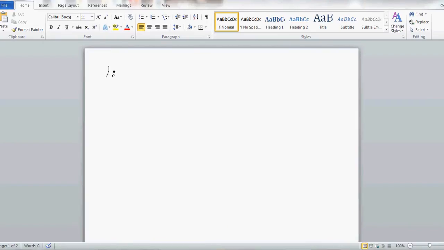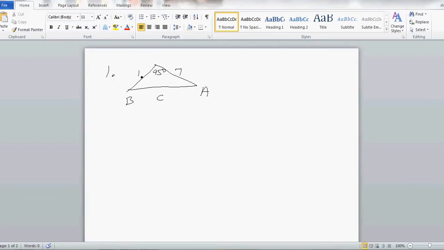Example number 1 is given in a triangle. So I'll just replicate it here. And in this case we have a side angle side situation.